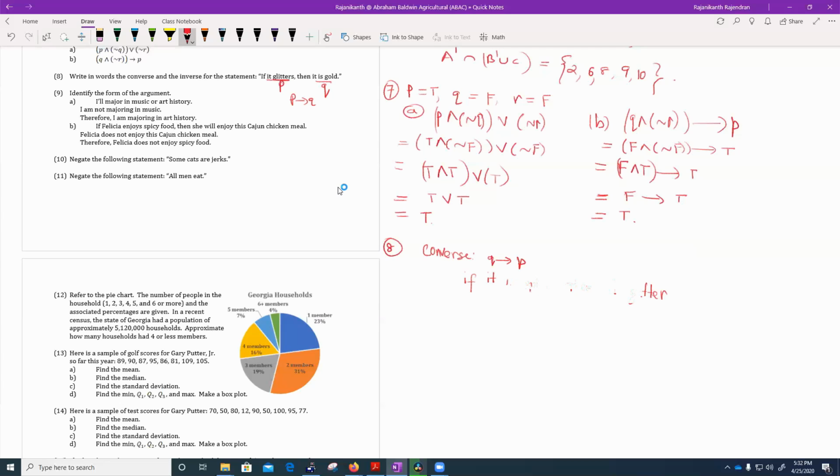Remember, if you want to find the inverse of the given statement, the inverse is given by the conditional of the negation of P to the negation of Q. So now we express this.